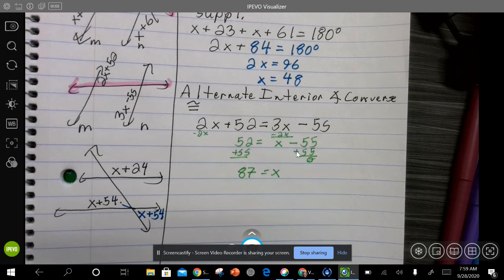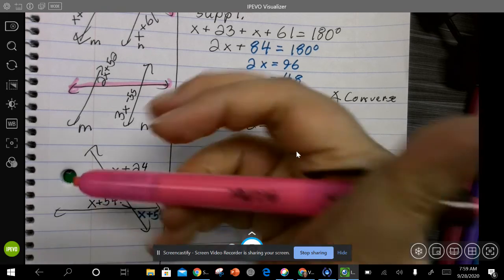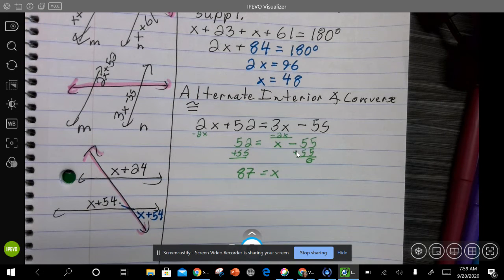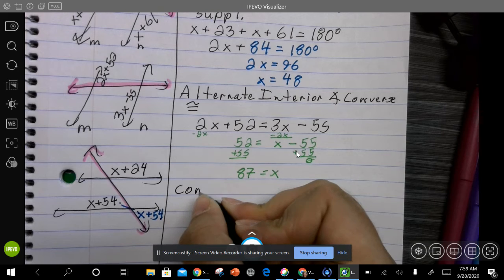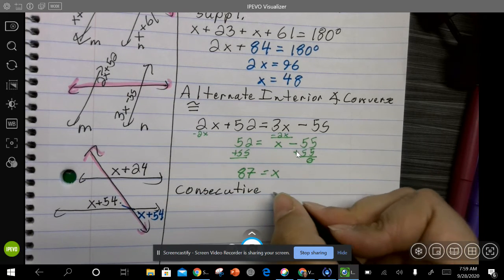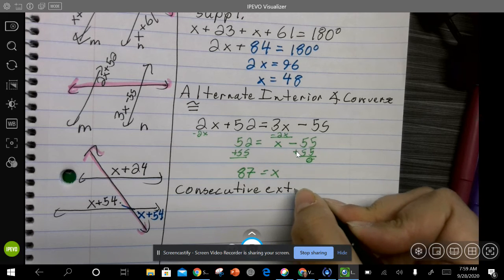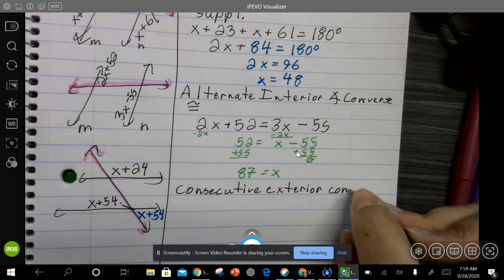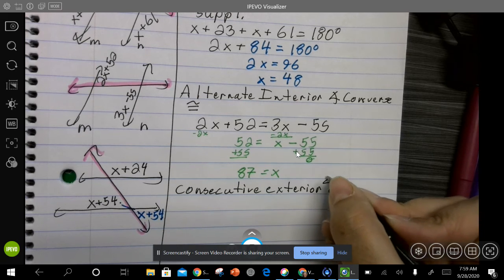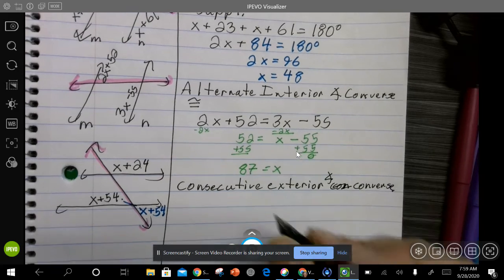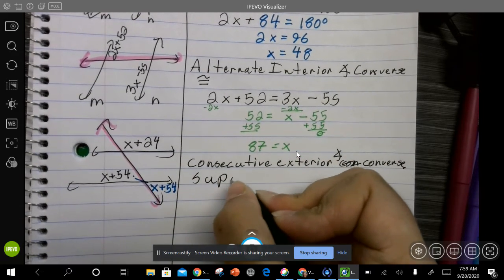So when I do that, now I can use one of our converse theorems. So those are consecutive exterior angles. They're on the same side outside. Okay, so consecutive exterior angle converse. And those two are related because they're supplementary.